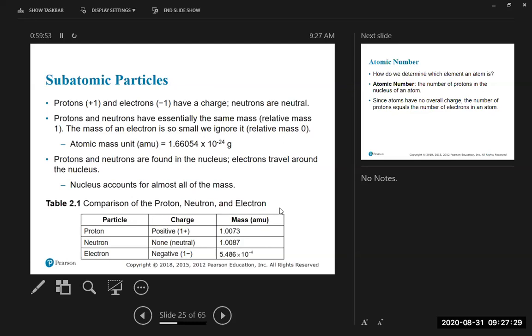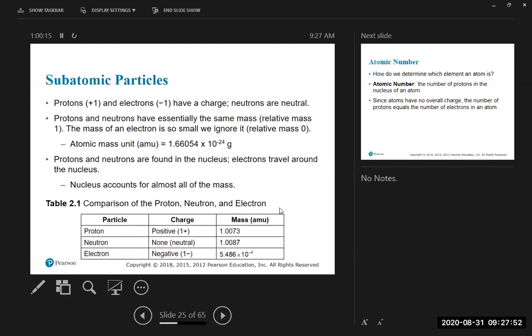Remember the proton is the positively charged particle, the neutron is the neutral particle, and the electron is negative. We see that the proton and neutron are pretty much the same mass, okay? We see the electron is much smaller in mass, and not only is it smaller, it's a lot smaller.